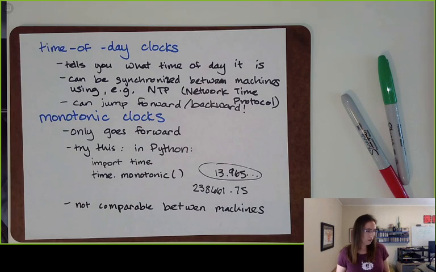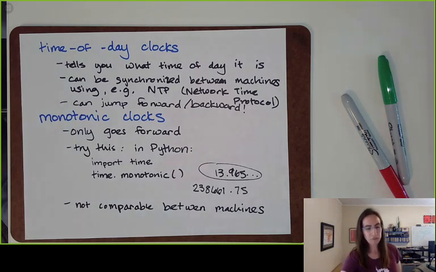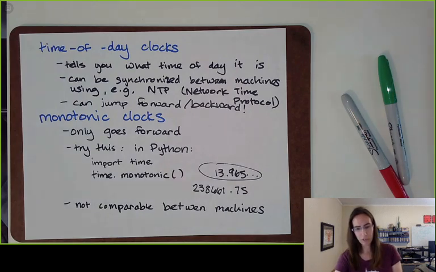So of these two kinds of clocks, time of day clocks and monotonic clocks, which do you think are useful in implementing distributed systems? Well, we can try to figure it out.